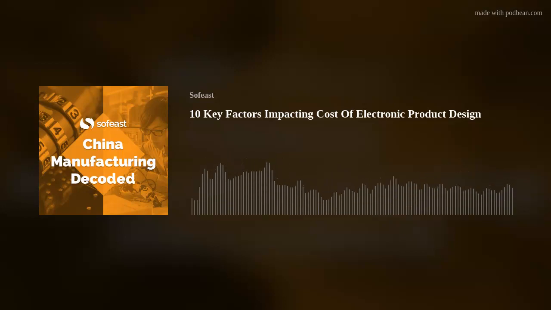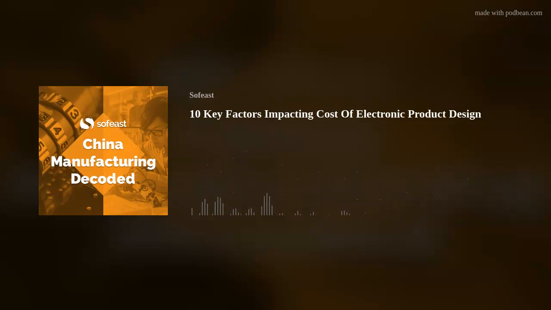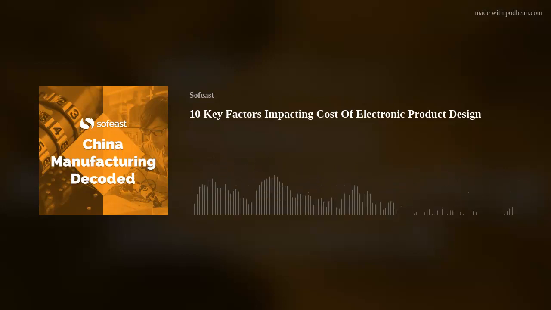I totally agree. Right now, with the current geopolitical situation and what's happening with the economics of the whole world, there's a bit of awareness about cost and the impact of cost in product development as well as manufacturing.